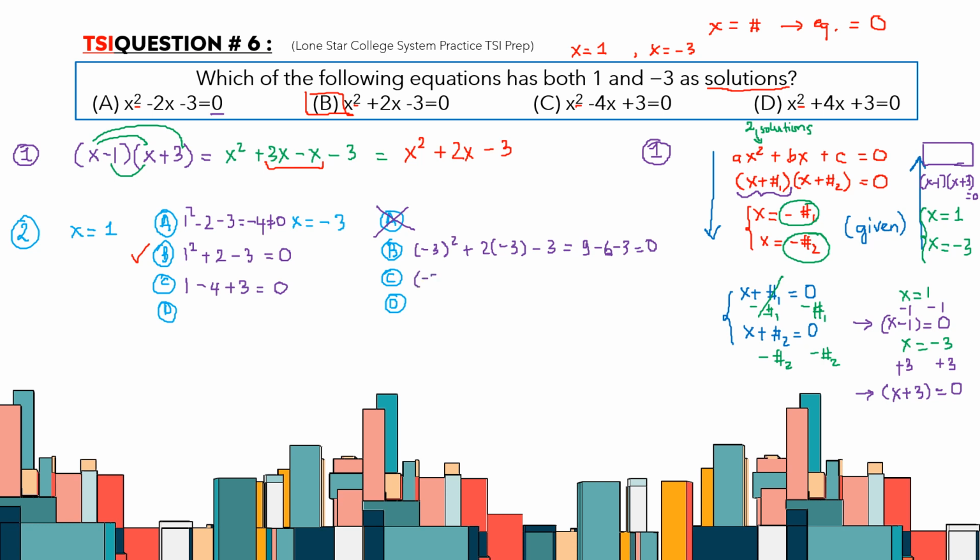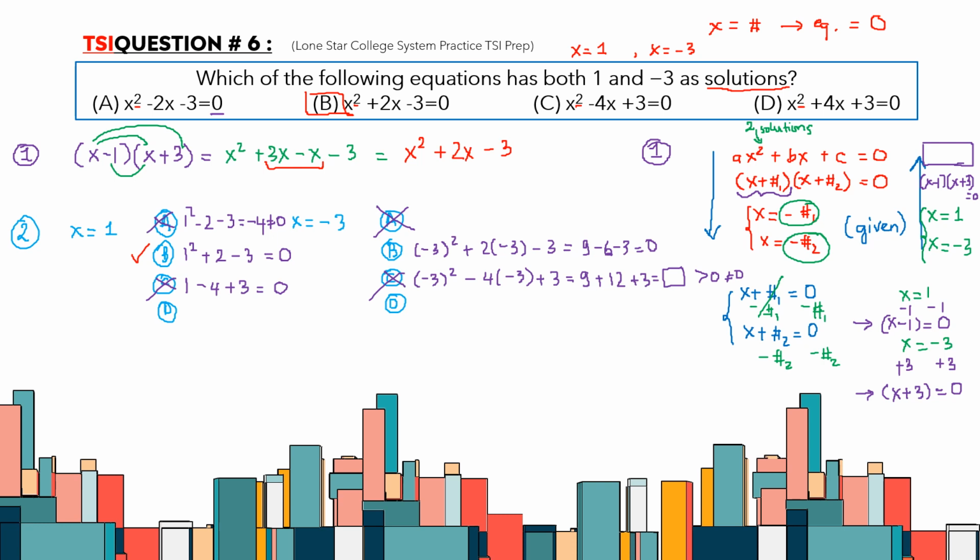We have negative 3 squared minus 4 times negative 3 plus 3, which is 9 plus 12 plus 3. You see that it's all positive numbers adding up. Even without completing the calculation, I know the answer should be greater than 0. It's not 0. So, not C.